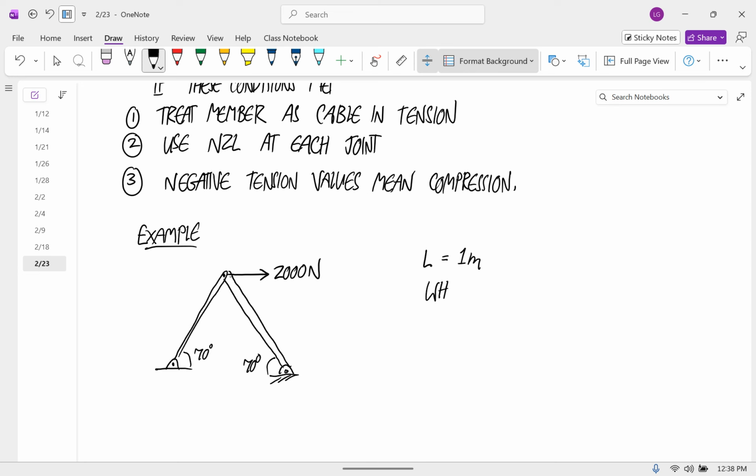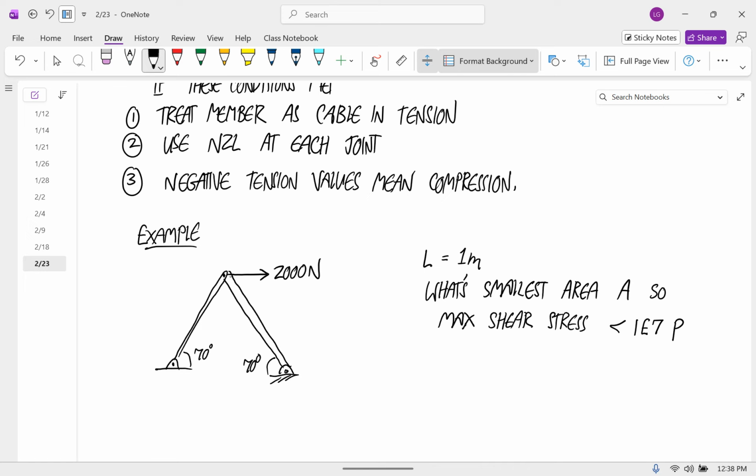And the question is, what's the smallest cross-sectional area A that we can use so the maximum shear stress stays below 1 times 10 to the 7 pascals?